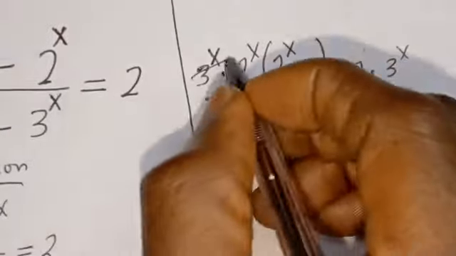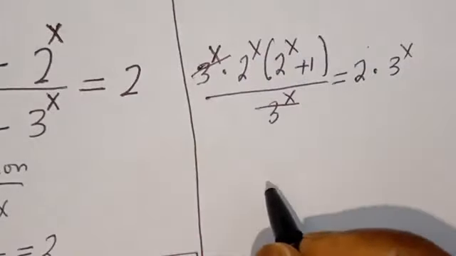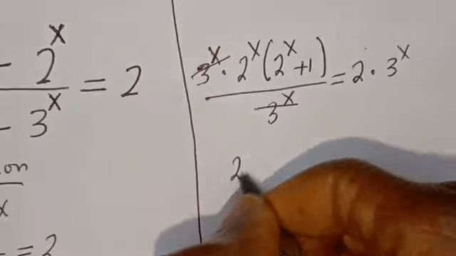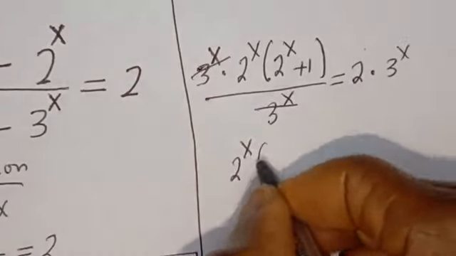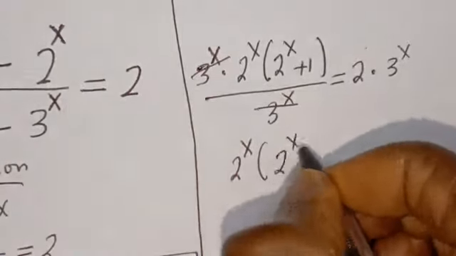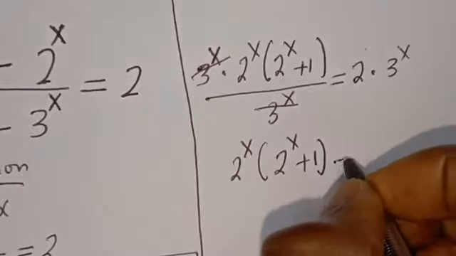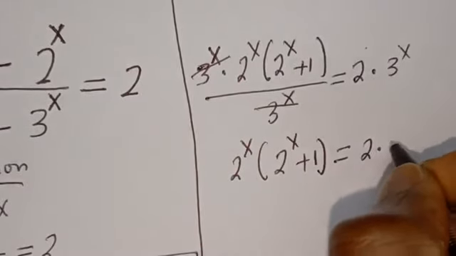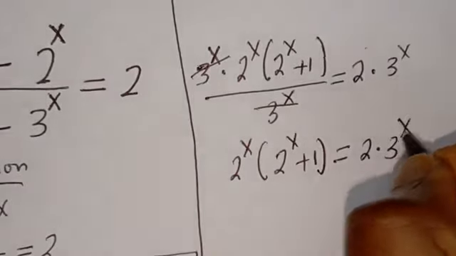Then this, we cancel this. Now we have 2 to the power of x bracket 2 to the power of x plus 1 is equal to 2 multiplied by 3 to the power of x.